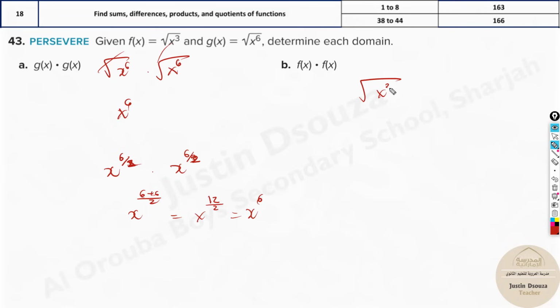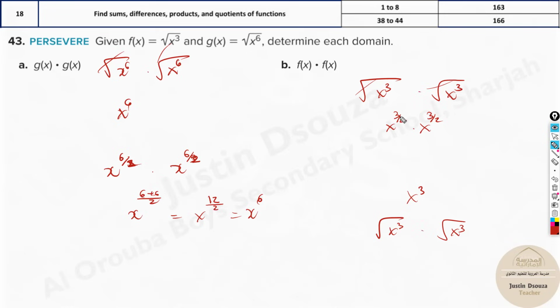So it's going to be like this. So you can just cancel it off. If you think practically, now I have x cubed. I need to split it into 2. So I can do this, right? The same thing has been done over here. So what we do is x to the 3 halves times x to the 3 halves.